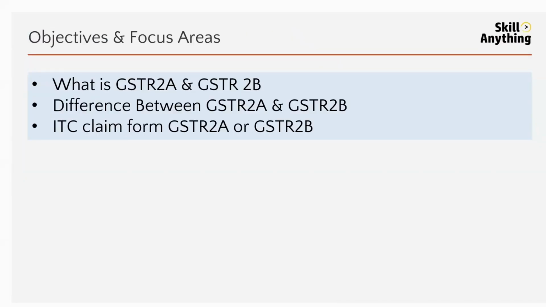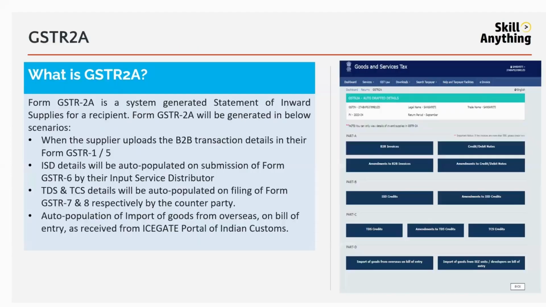So we have seen what is GSTR-2B, the difference between GSTR-2A and 2B, and ITC claim from GSTR-2A or 2B. So the answer is ITC claim from GSTR-2B.